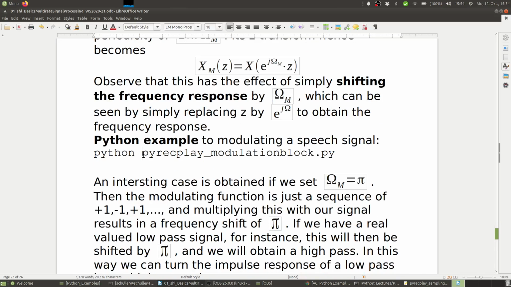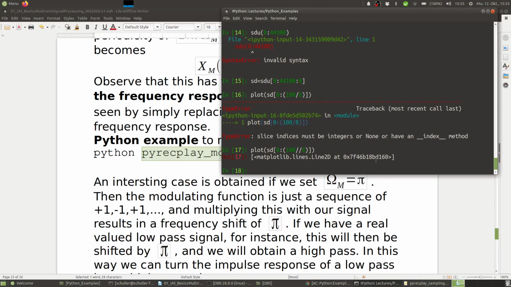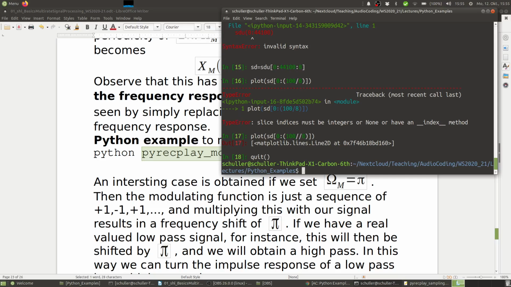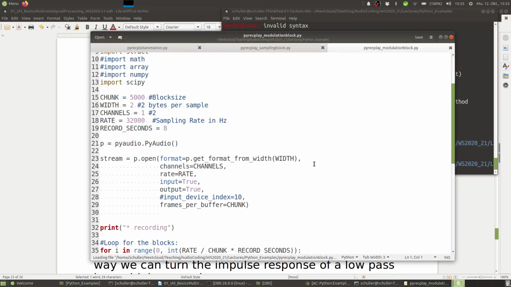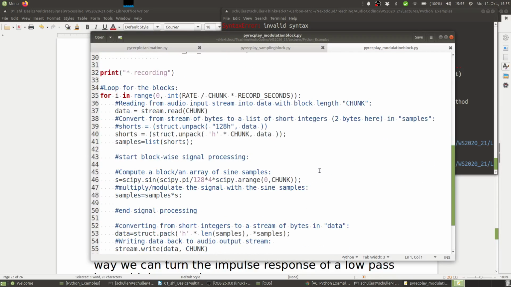Yeah, and this actually can be seen here in this little example. I actually again did it with live audio. So first I need to quit my IPython to go back to the terminal. And let's first take a look at this program. So here it starts the same as before.